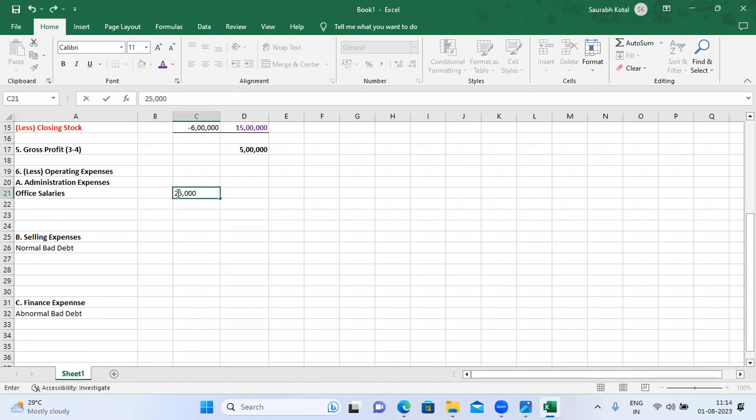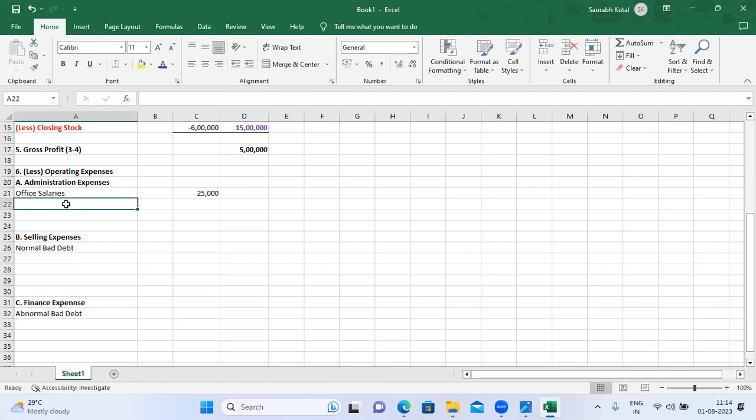Look at the question, it is given in the question. Then, apart from office salary, we have office rent. Again, look at the question. Office rent is 39,000, given in the question.